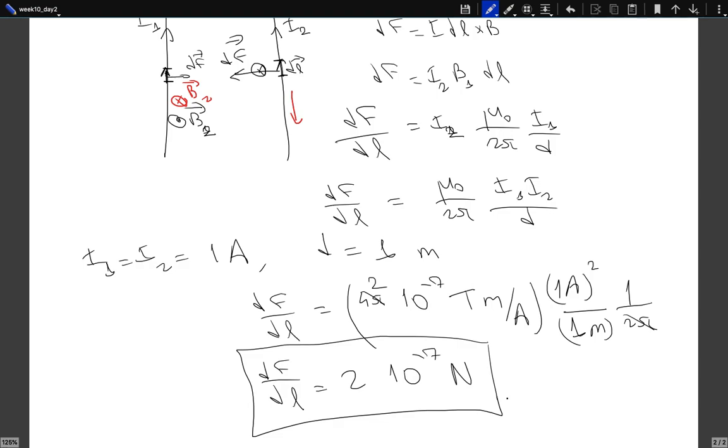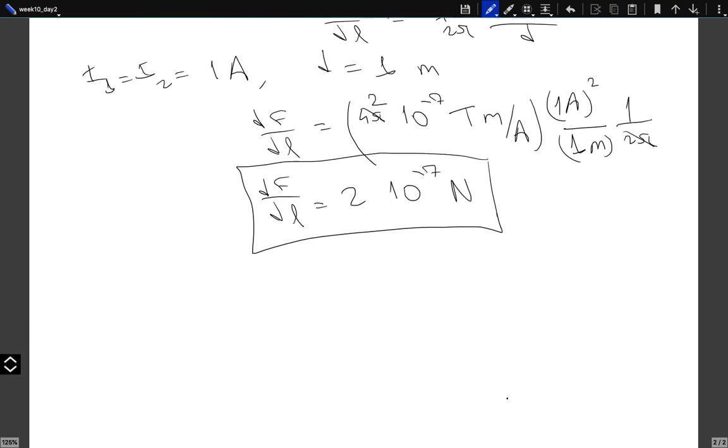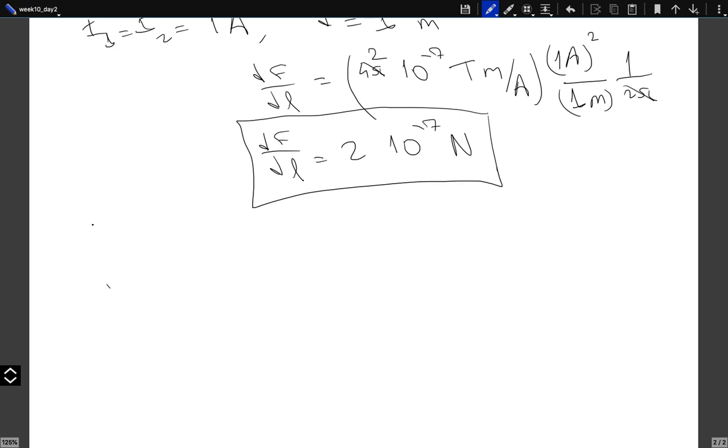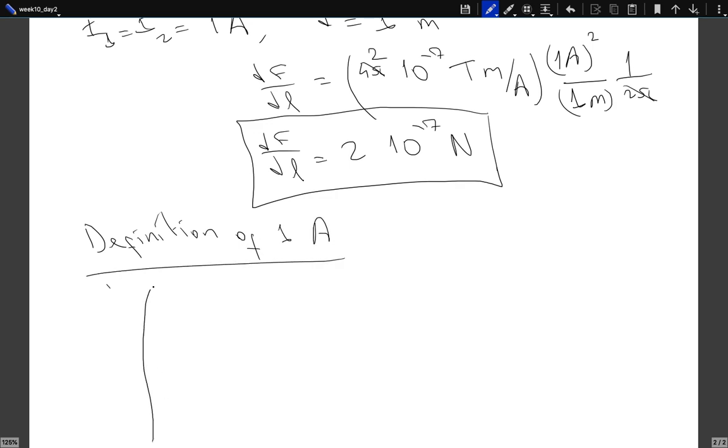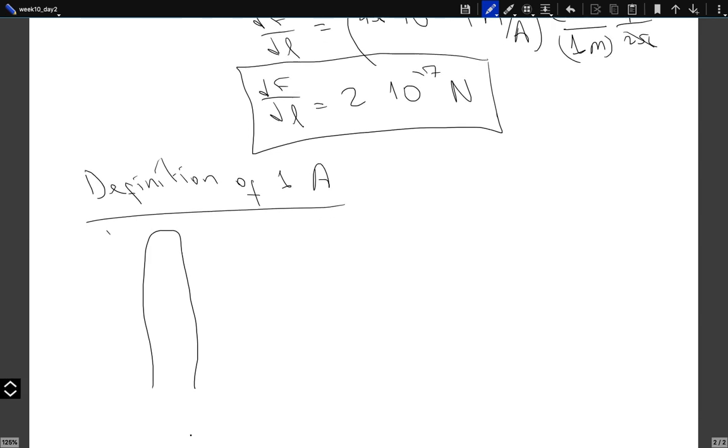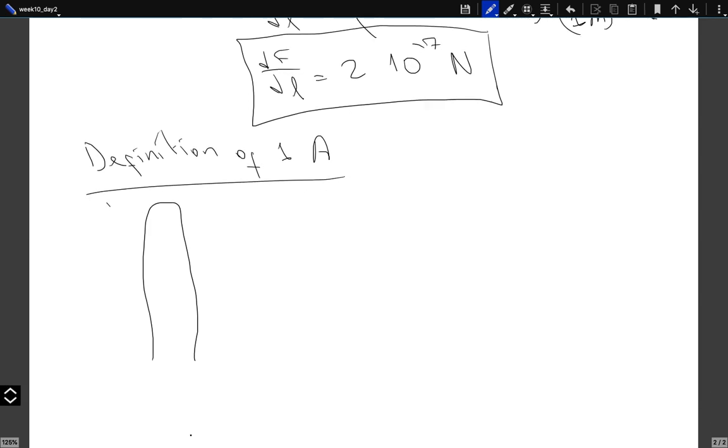So you just take two wires, make sure that they carry the same current. Well, the easiest way to do is you take one wire and you create such a system so that both wires are carrying the same current.